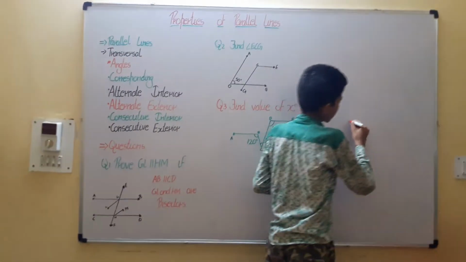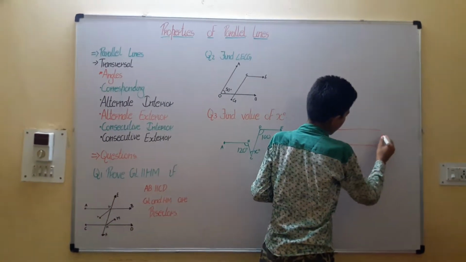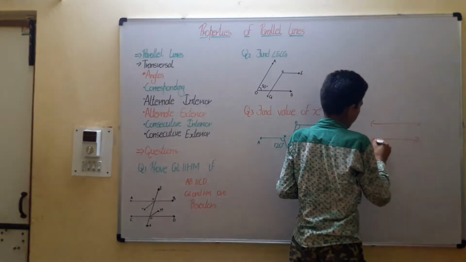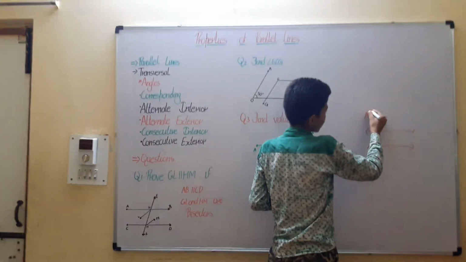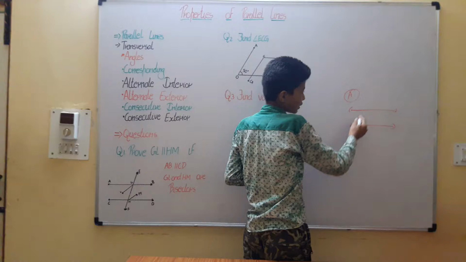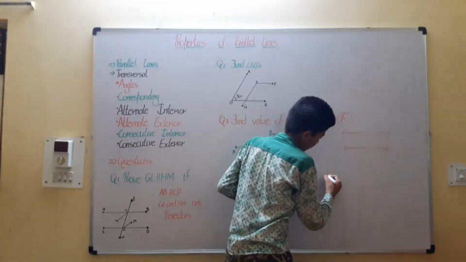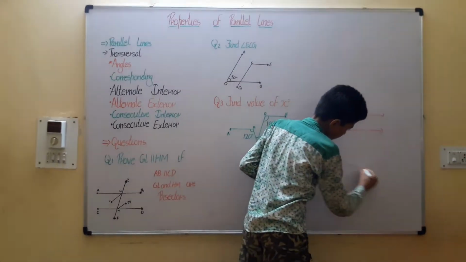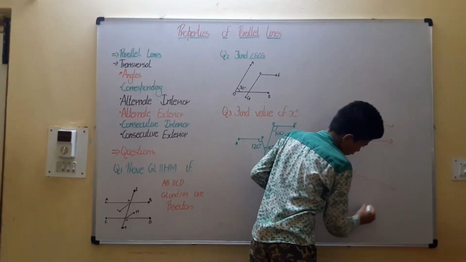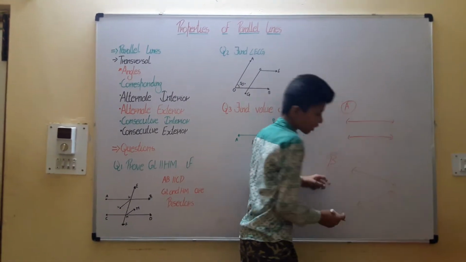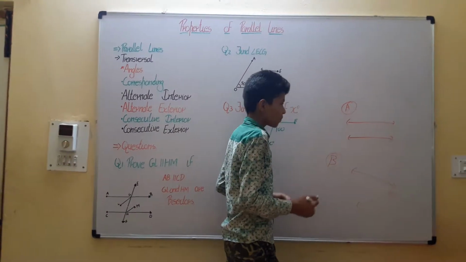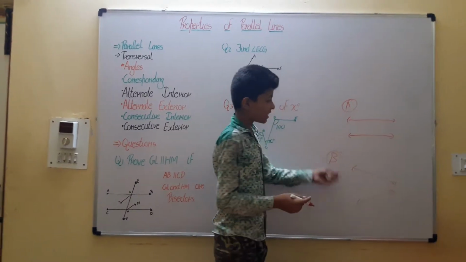Let me draw two sets of lines, one which do not intersect, this is set A, and set B, which is somewhat tilted to each other. So you may tell which of these is parallel lines.